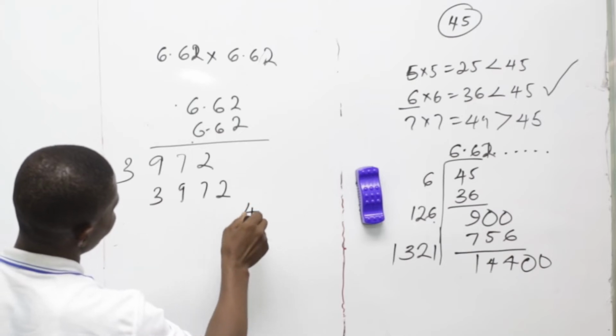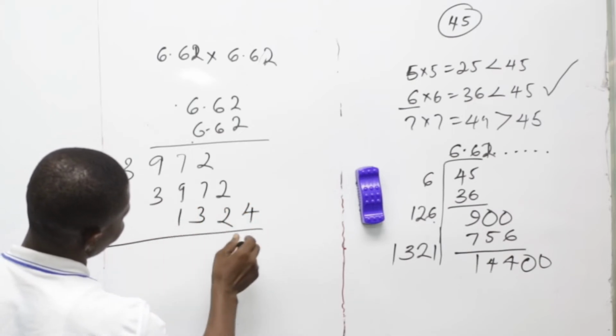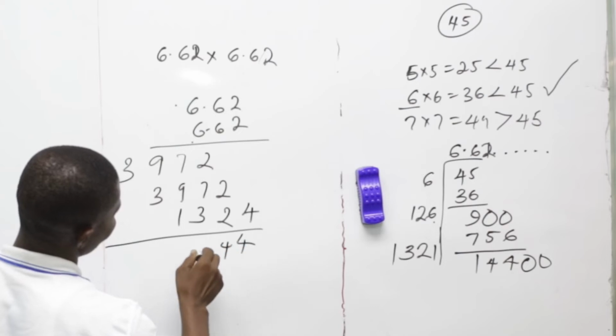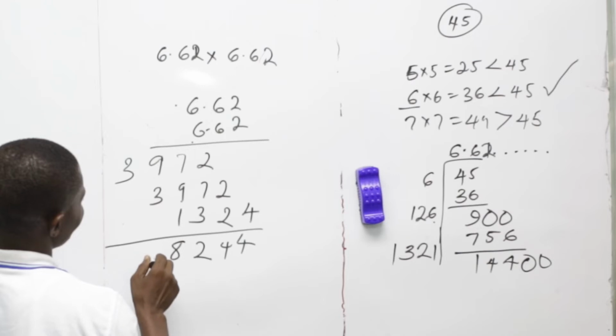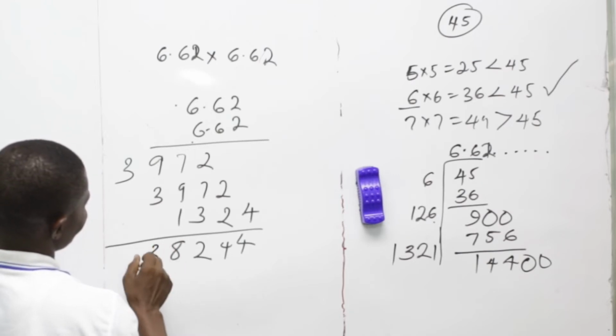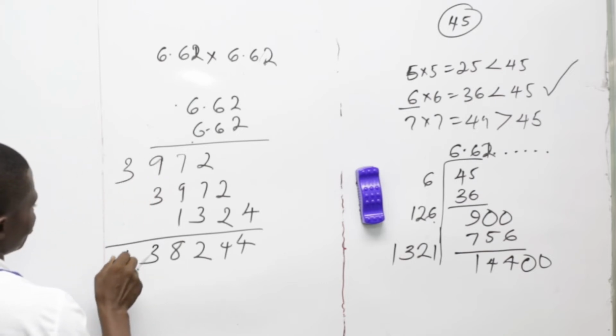This is 4, 2, 3, 1. 4, 4, 12, 18. This is 12 plus 1. 12, 13. 13.